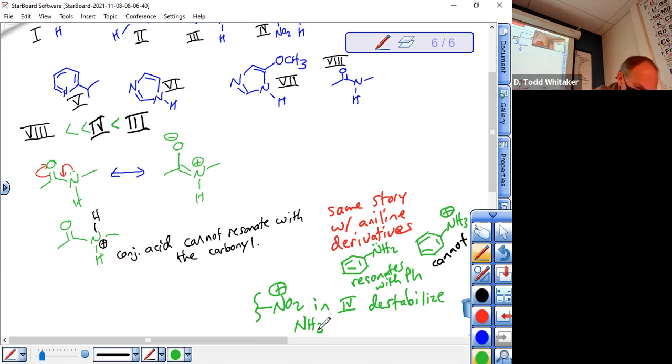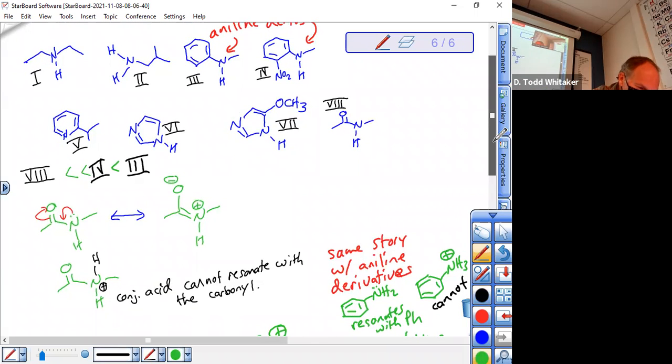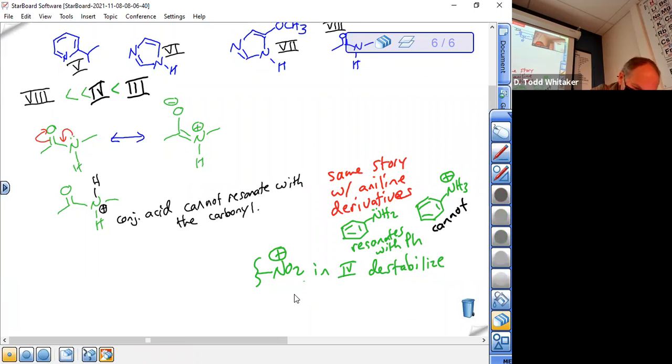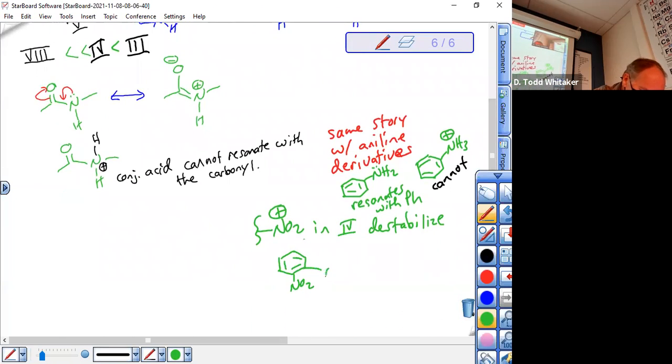Well, up there it's not an NH3 plus. Let's do it this way. We're looking at this molecule with NO2. And what is it? Meta, ortho, para, ortho. It destabilizes that N, which gets a plus charge.